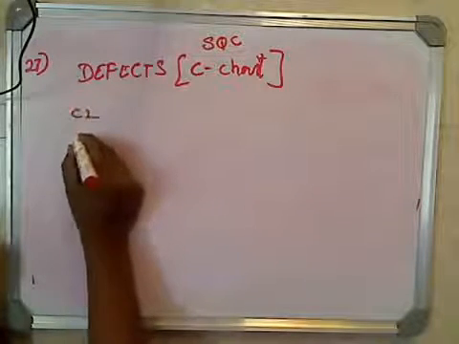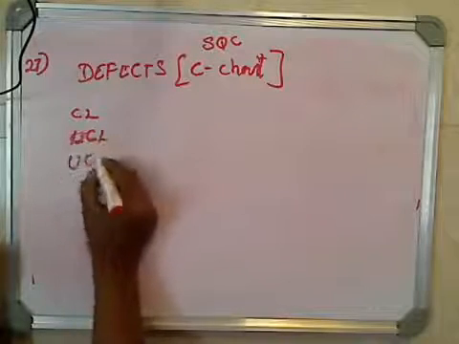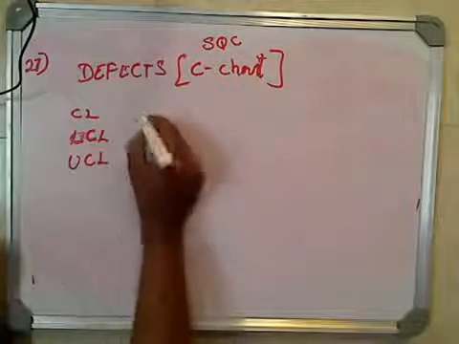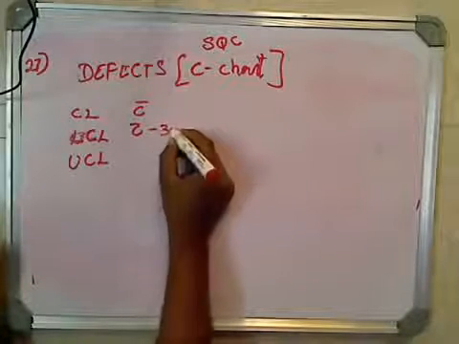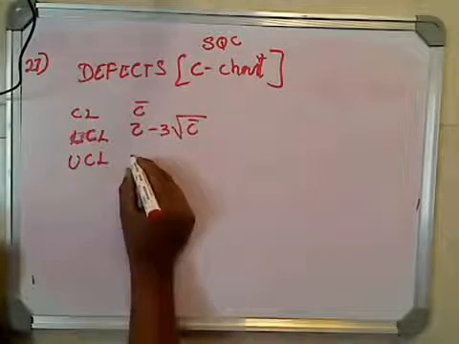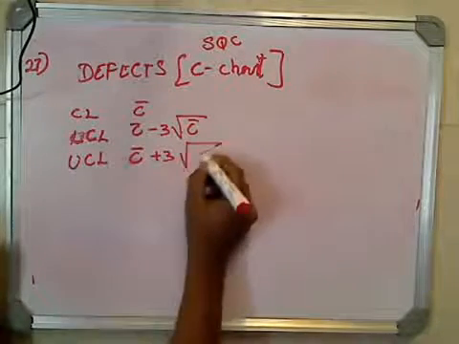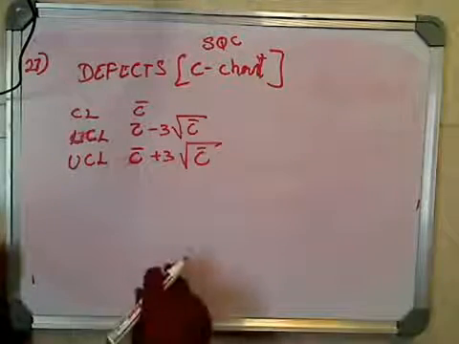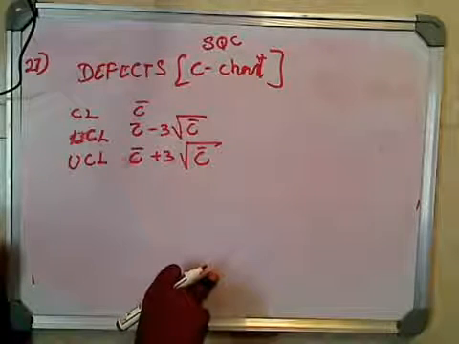That would be CL is C, LCL is C minus 3 square root of C, and UCL is C plus 3 the square root of C. So how do you end up calculating the value of C?